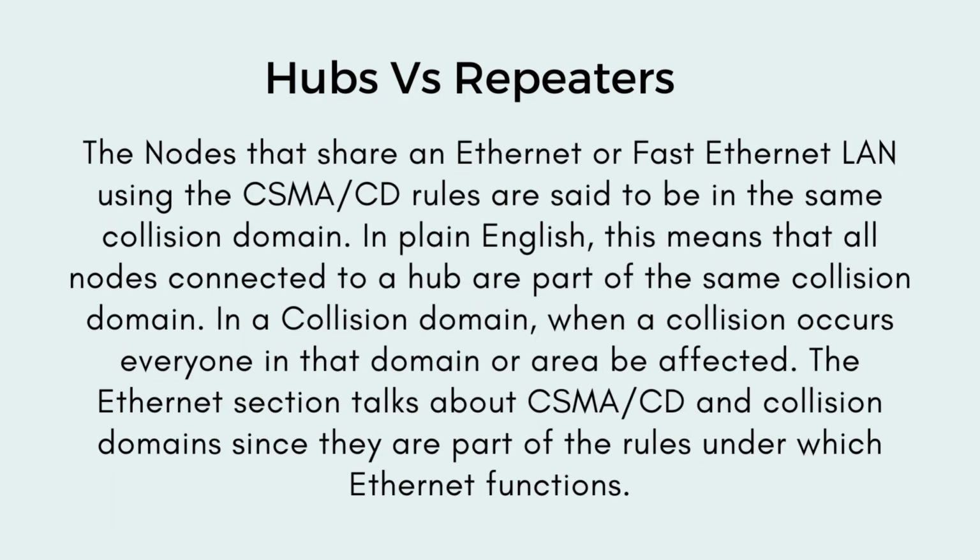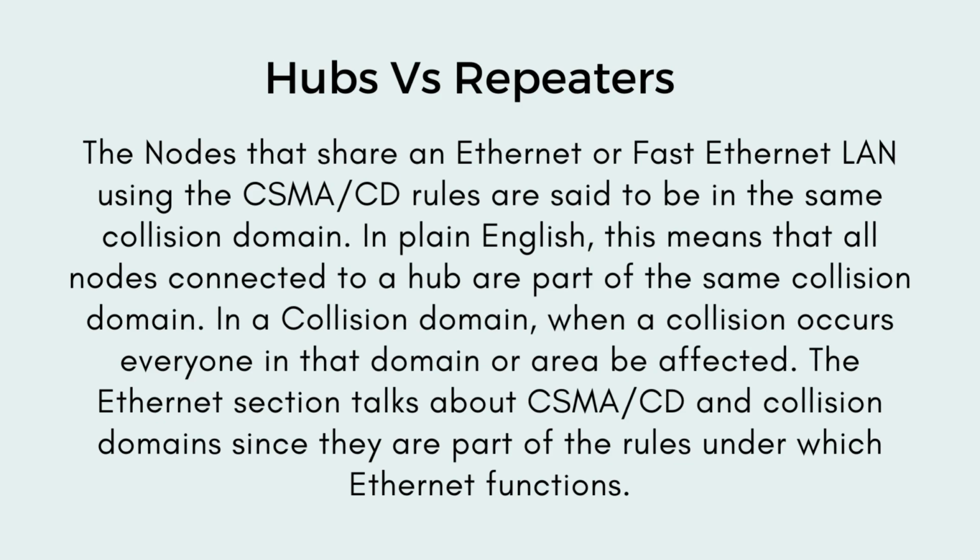The nodes that share an Ethernet or Fast Ethernet LAN using the CSMA/CD rules are said to be in the same collision domain. In plain English, this means that all nodes connected to a hub are part of the same collision domain.